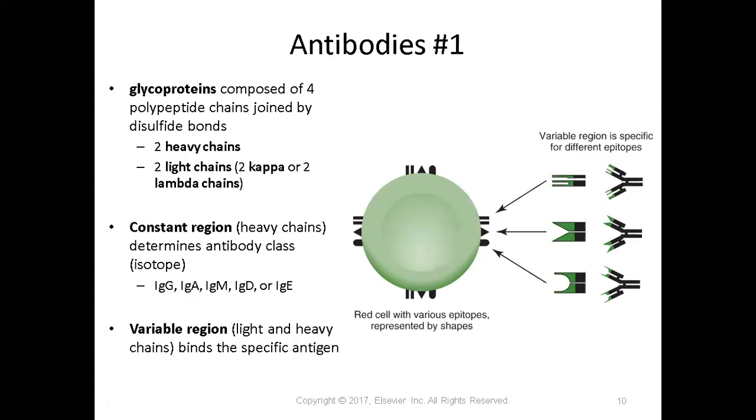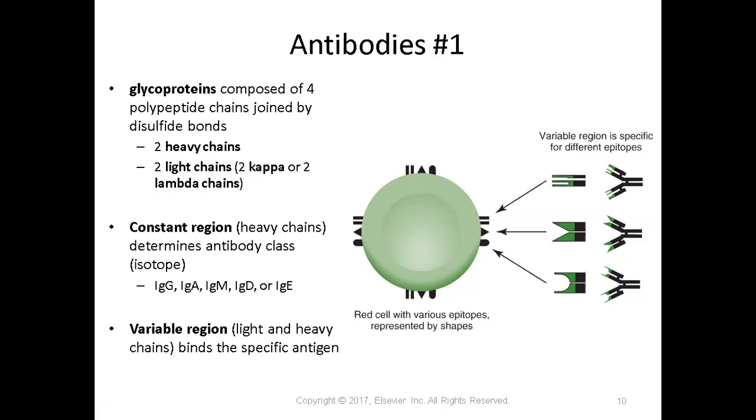The basic antibody molecule has 2 heavy chains and 2 light chains, and the light chains can be either kappa or lambda. So it's either 2 kappa or 2 lambda. There's not a mixing of, let's say, 1 kappa and 1 lambda. It's either all or none, kappa or lambda.